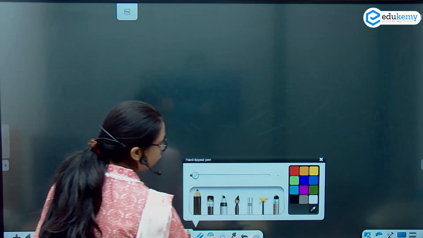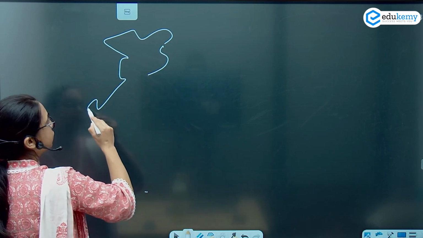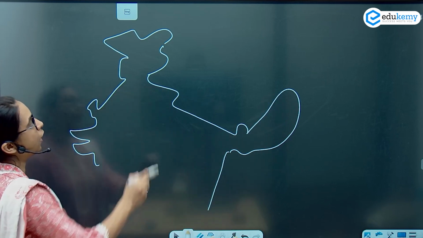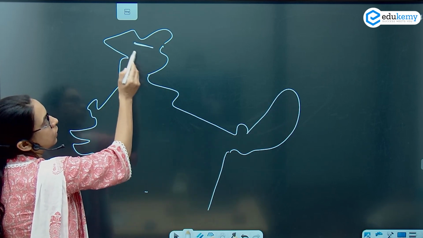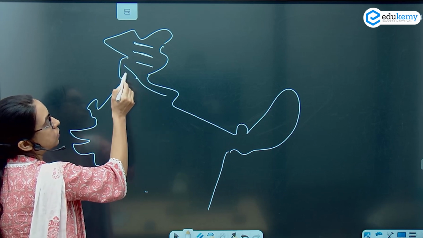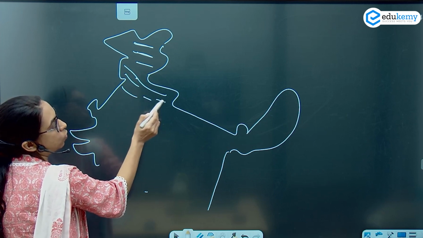If I quickly revise what hills I have studied so far: Karakoram, Ladakh, Zaskar, Great Himalayas, Pir Panjal, Dhauladar, Mussoorie, Kumaon.